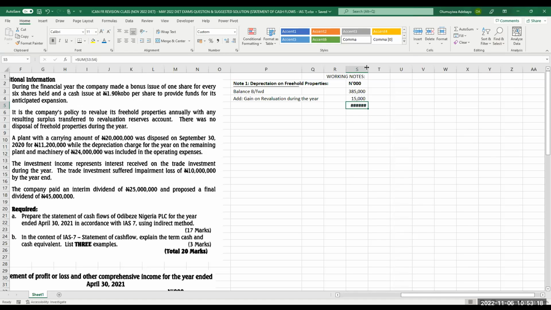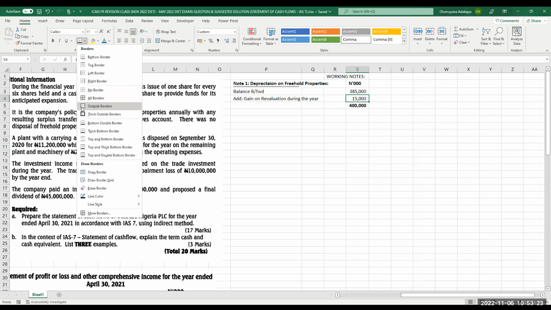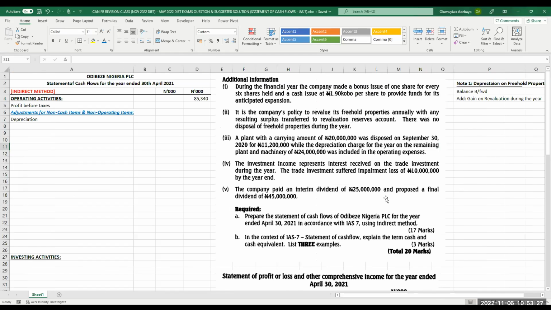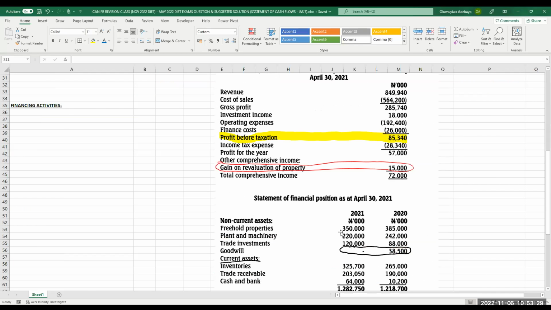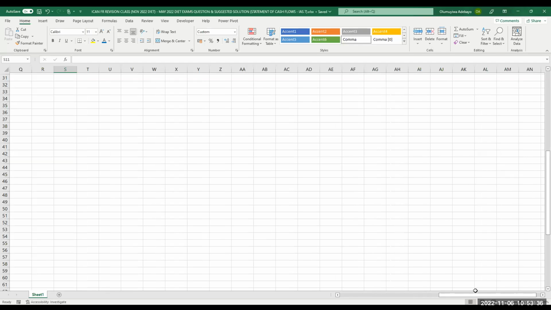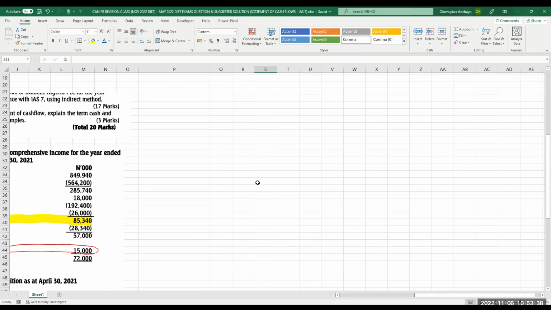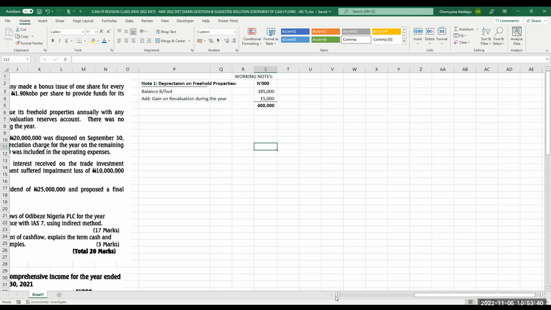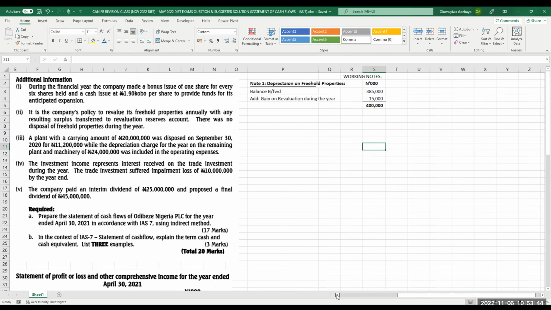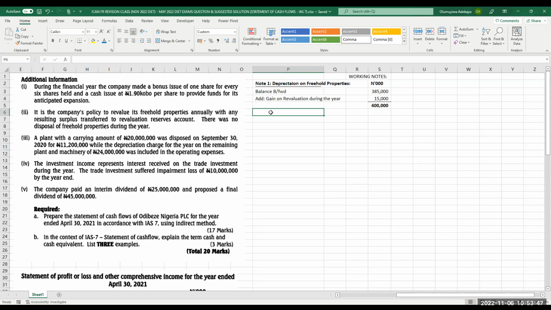Now, I'm supposed to have 400 in my books as at the end of the year if the asset has not been depreciated. But what do I have? I have 350 in my books. What does that suggest? Since I have not disposed of the assets and have not reclassified during the year, the only thing that will have brought about the expected reduction is depreciation.